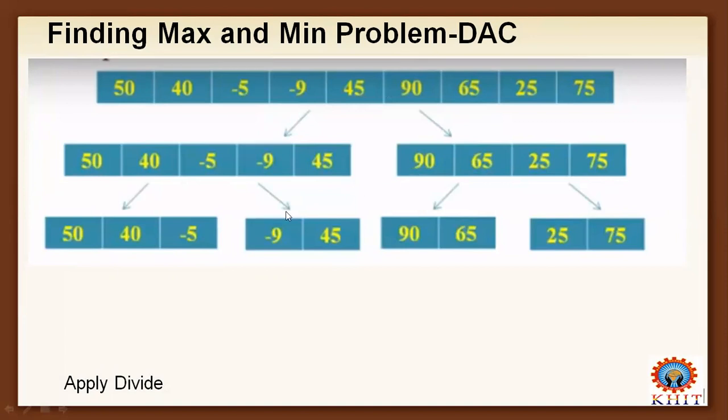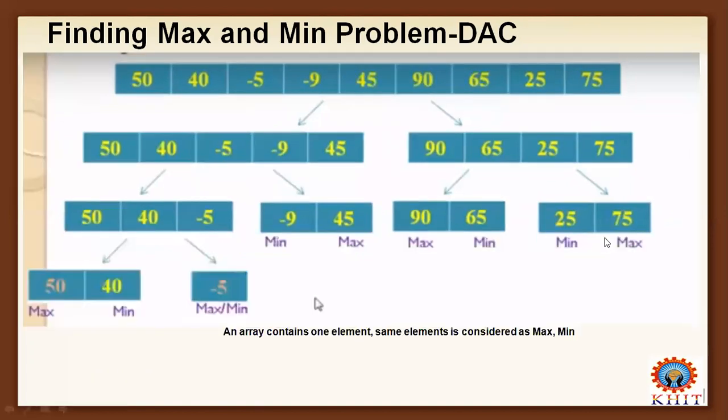Again, we can conclude that the generated arrays are complex arrays, and again we can apply the division method to those arrays. When we apply the division method, this array is split into two arrays, this array is split into two arrays, and this array is also split into two sub-arrays.